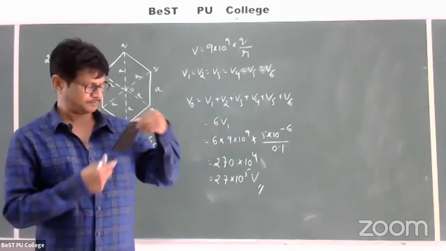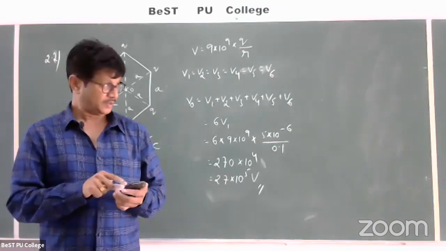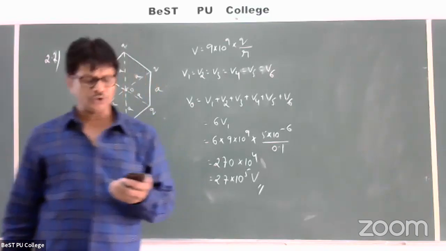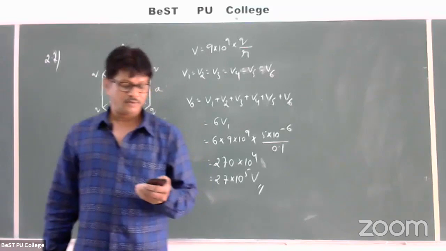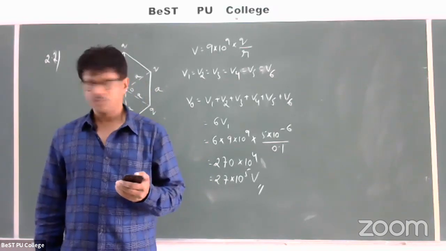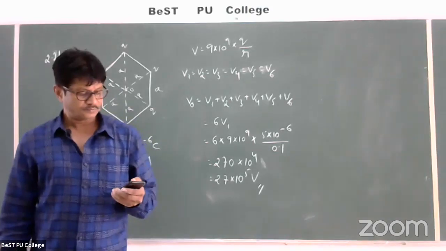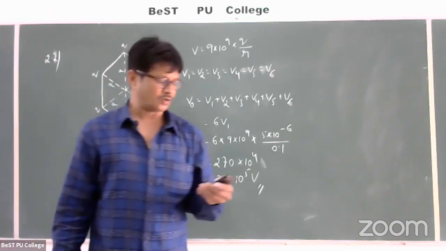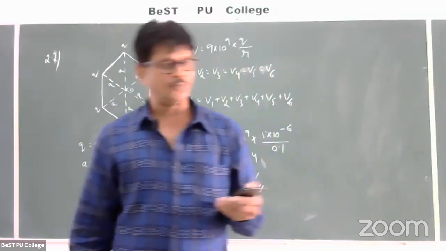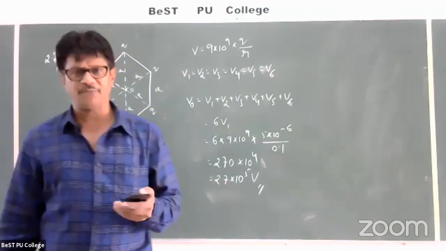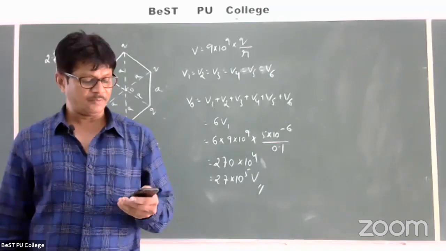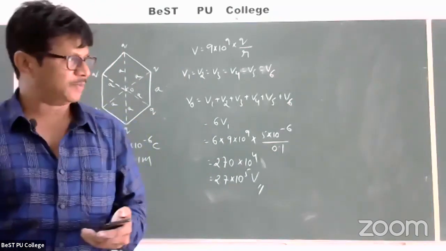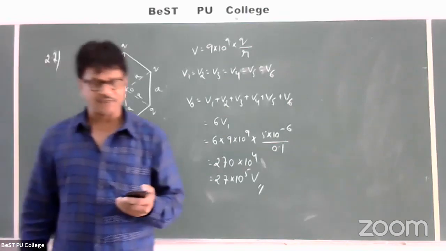Next, third problem. Two charges, 2 microcoulomb and -2 microcoulomb are placed at points A and B, 6 centimeter apart.